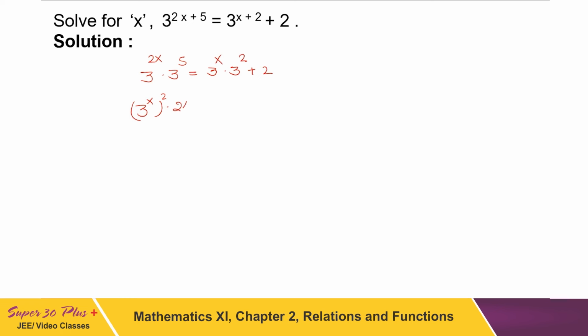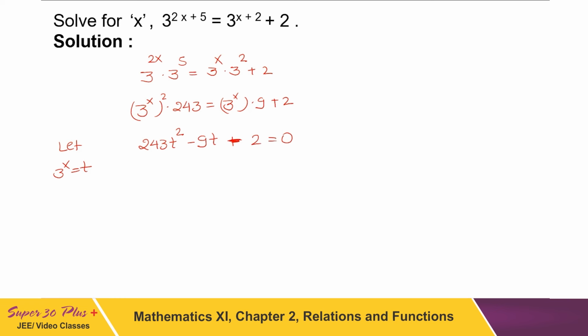It is 243, is equal to 3 to the power x into 9 plus 2. Now let 3 to the power x be equal to t. What is the equation? 243 t square minus 9t minus 2 is equal to 0.